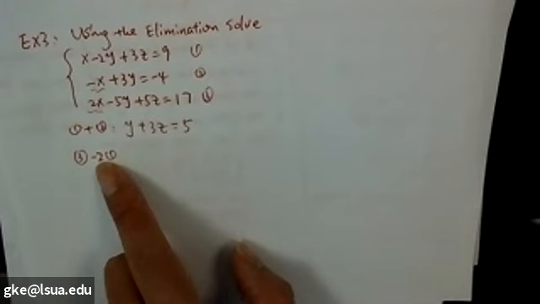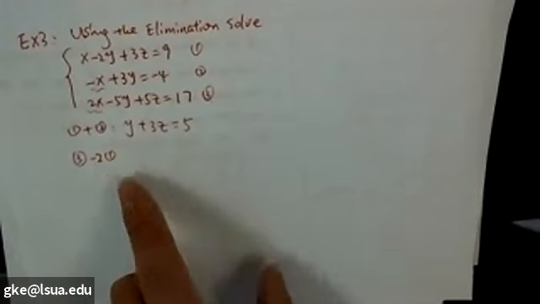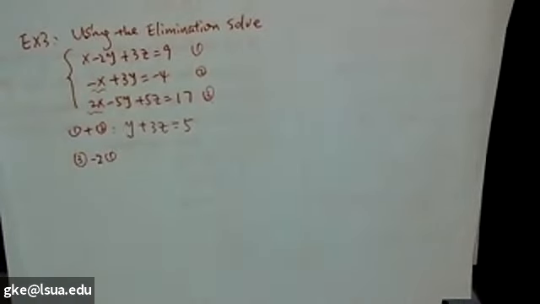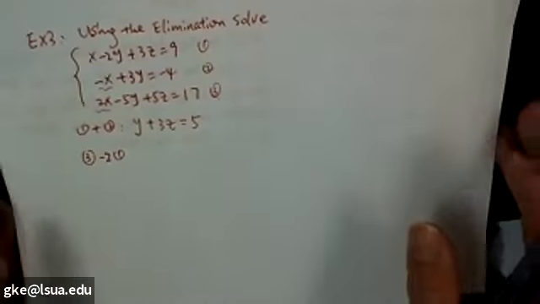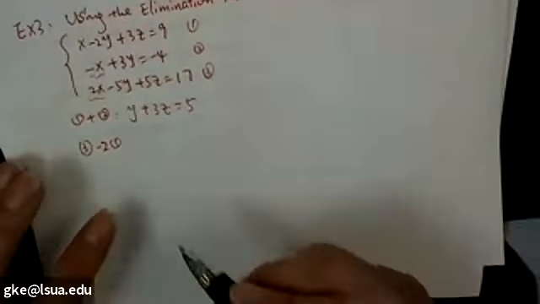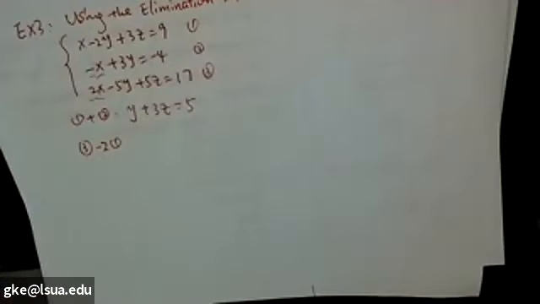Times 2 or times negative 2, whatever. Times negative 2. So then we do the addition. Okay, so what are we gonna do now? In order to make everything very clear, I wanted to do like that.